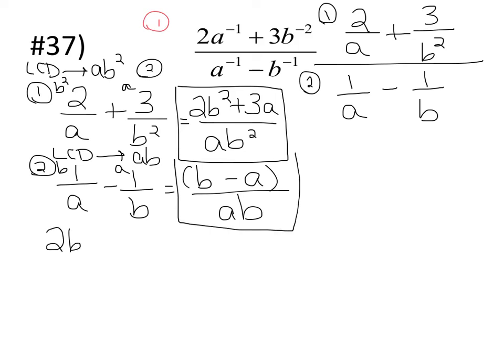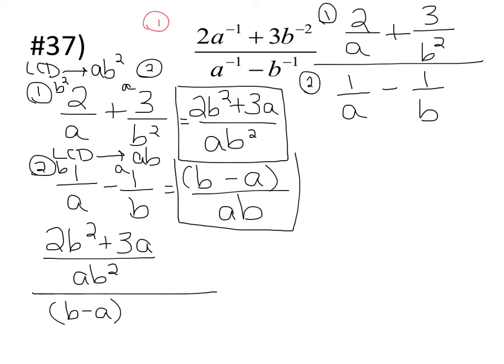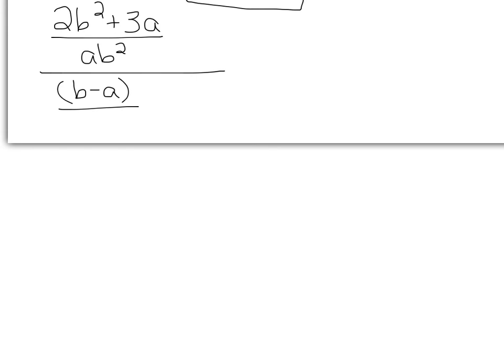So this is my new denominator. So I've got 2b squared plus 3a over ab squared, all over b minus a over ab. Put parentheses around this. Multiply by the reciprocal of the denominator. So ab over b minus a. These cancel.